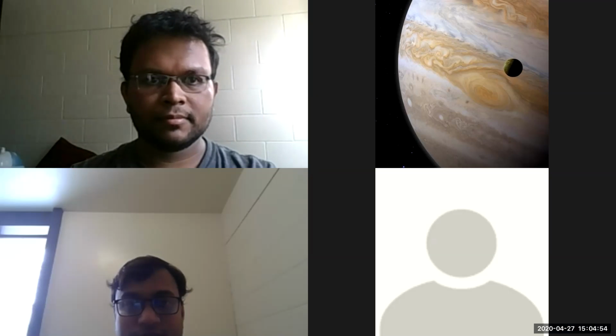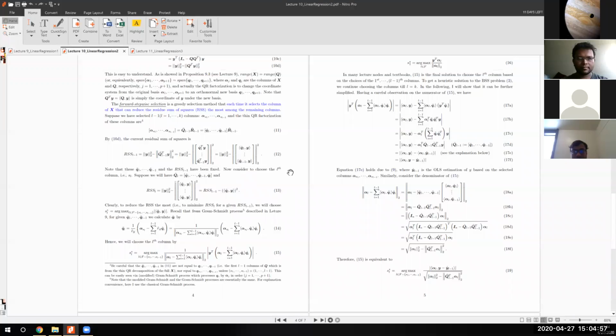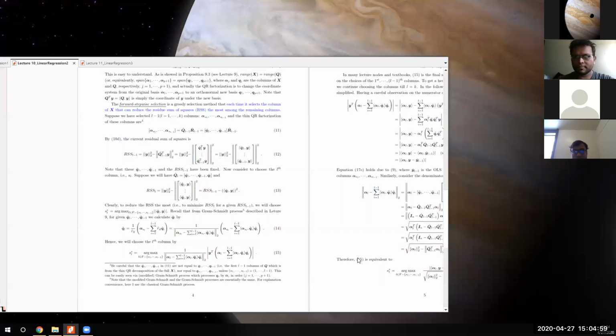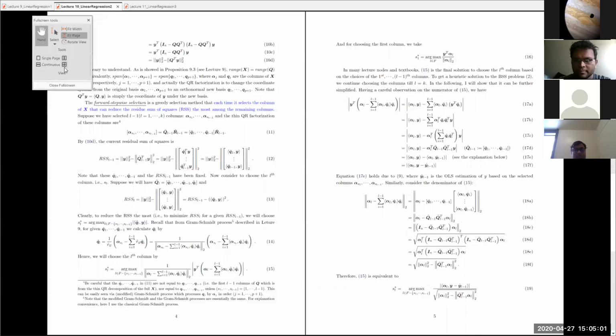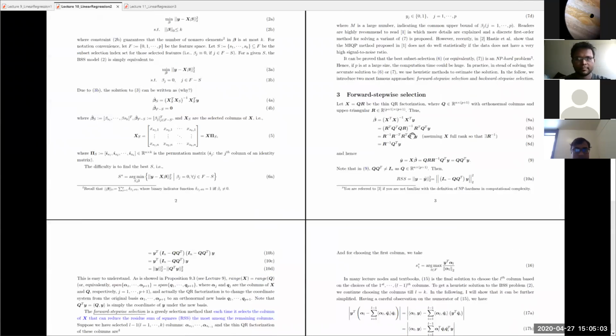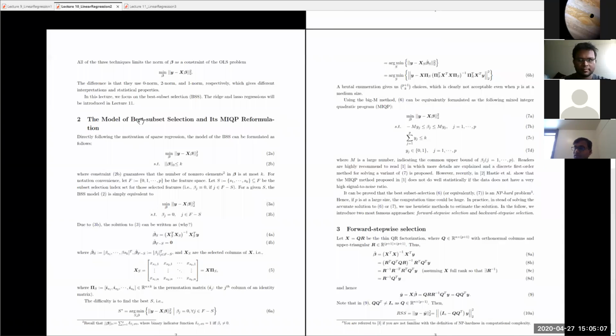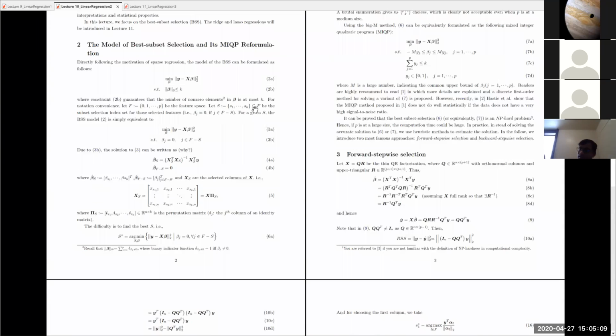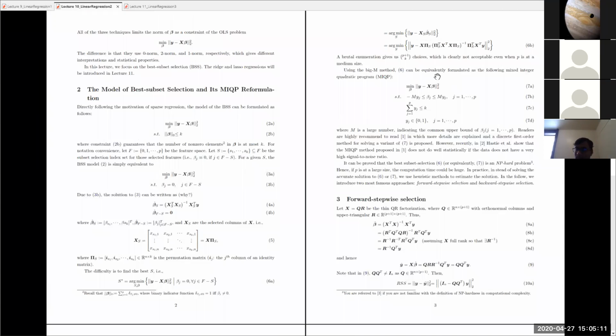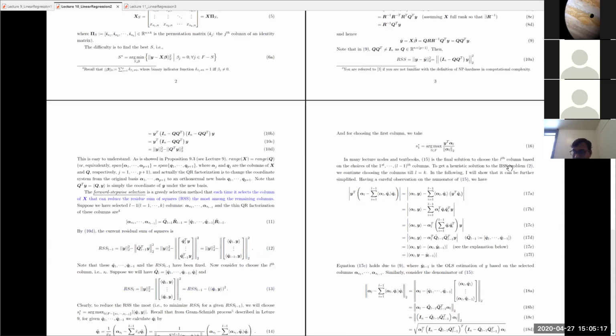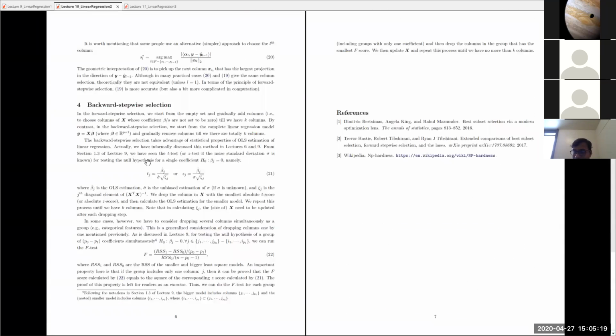Okay. So in the last class, we've mentioned the best subset selection, regarding the model itself and how to make it into MIQP formulations. And also we've mentioned the backward stepwise selection.